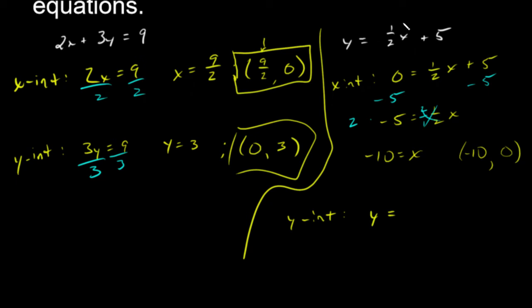And this is another reason why this value here is the y-intercept, because when you plug in 0 for x, you're going to get 1/2 times 0, which is 0. So just y equals 5. And so you get 0 in for x, 5 out for y. This is in slope-intercept form, so it should make sense that this value is the y-intercept. 0, 5. Okay?